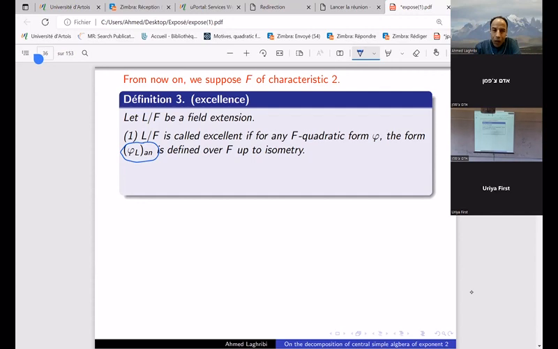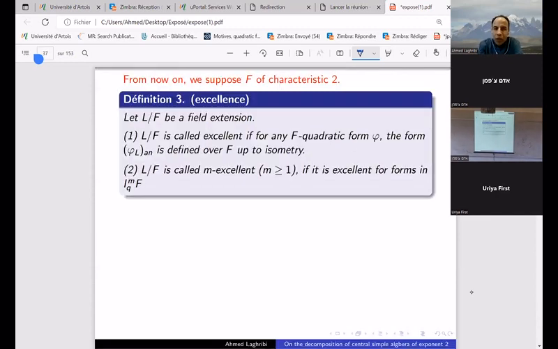But for the adapted decomposition, we need something very special. We need what I will call the notion of M excellence. Probably the notion of M excellence exists in the literature for other things, but I don't remember. So for the moment, I fix the notion of M excellence. We say that the extension L/F is M excellent if it is excellent for forms in I^M Q(F), which means the following.